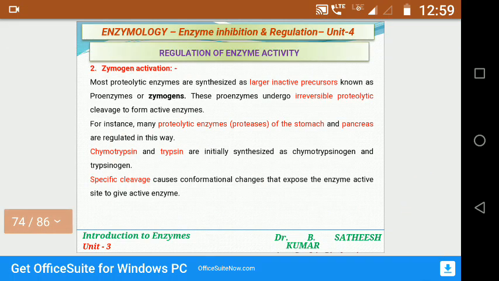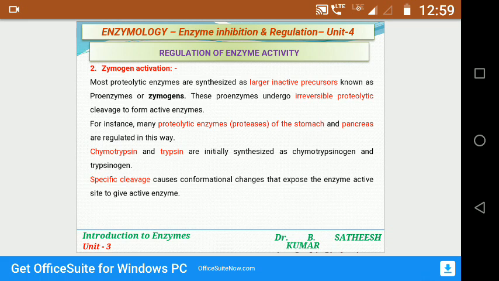Next one is zymogen activation. Zymogen means the enzymes which are in inactive form. Most of the zymogens are proteolytic enzymes in the digestive system.